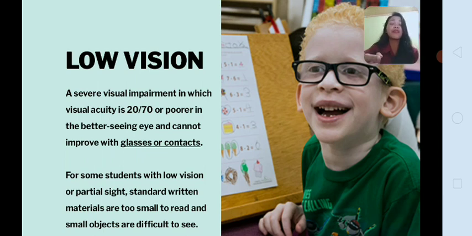Some students with low vision find it hard to recognize written materials because they think it's too small to read, and small objects are difficult to see. Some of them cannot improve with glasses or contact lenses.